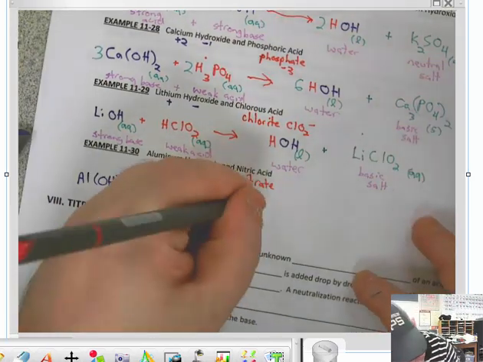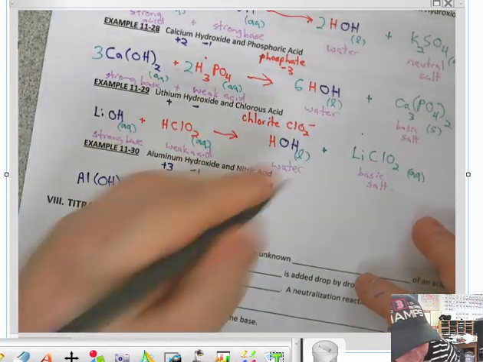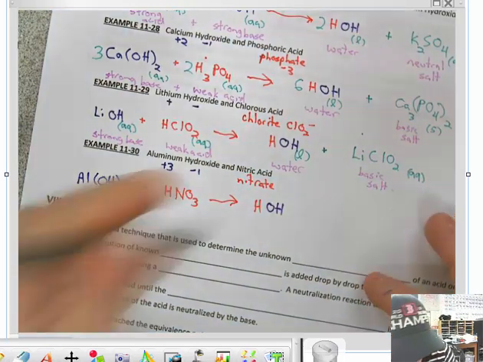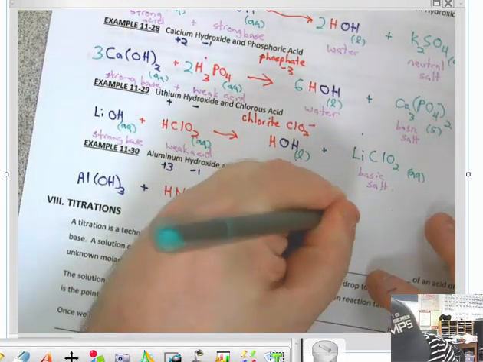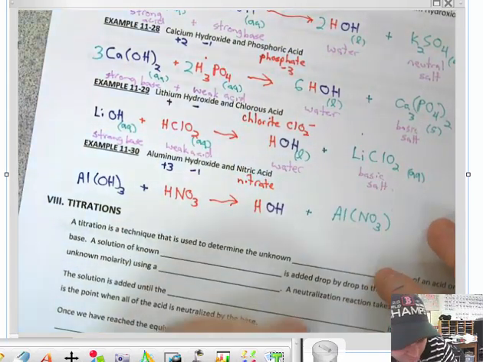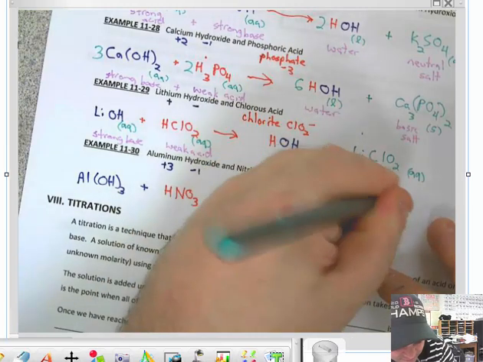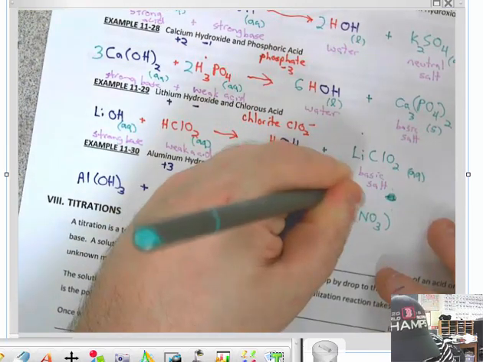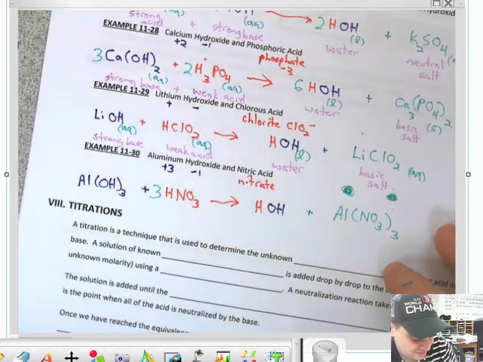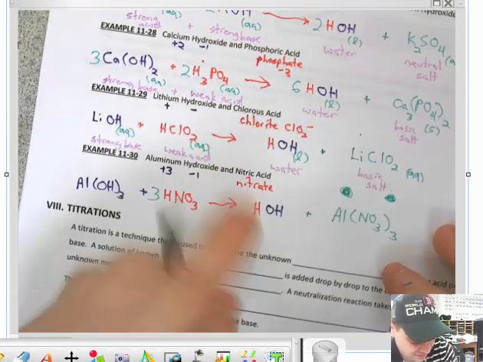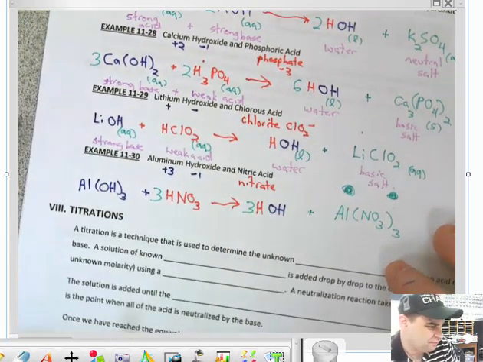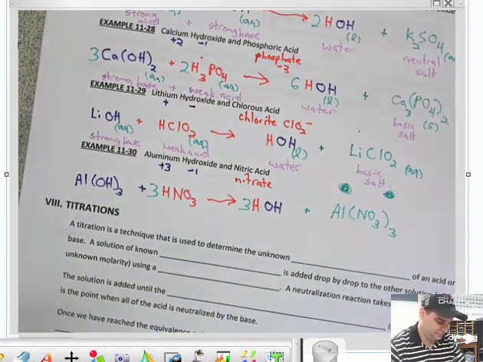Yes, these get neutralized. And then we have HOH. And then our salt here would be aluminum nitrate. Remember, aluminum is +3. Nitrate is -1. Remember, you're not supposed to write those structures out there. 3 over there. 3 nitrate, so we need to put a 3 here to balance our nitric acid. 3 H's. 3 H's. So then we have 3 OHs.